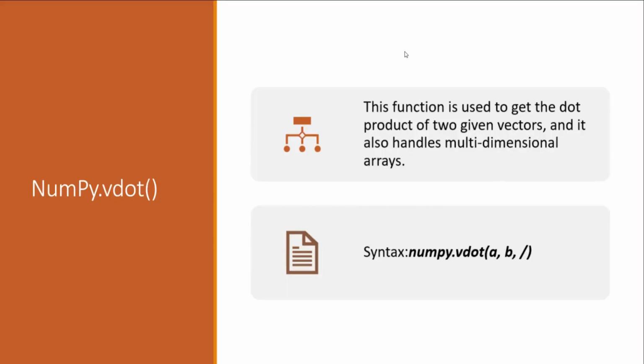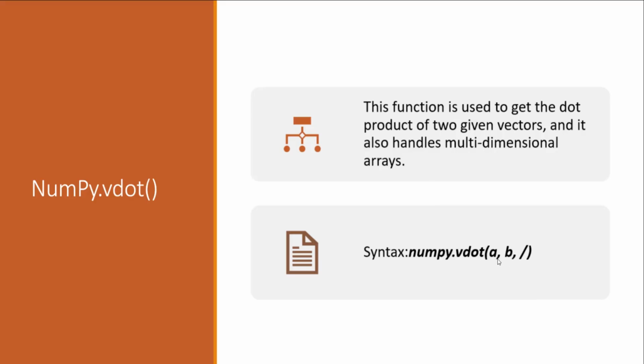So after understanding the NumPy dot function, we will discuss the NumPy vdot function. This function is used to get the dot product of two given matrices, and it also handles multi-dimensional arrays. So it will check the condition: if the first parameter is complex, then its conjugate is used for calculation. So this function consists of two parameters.